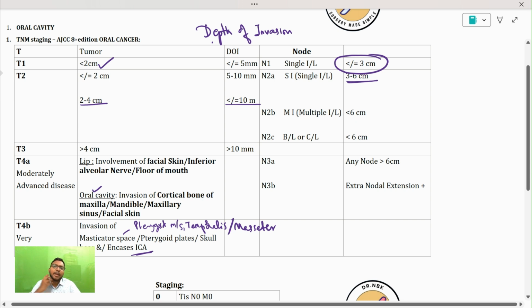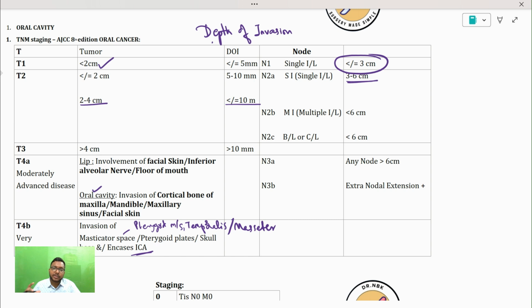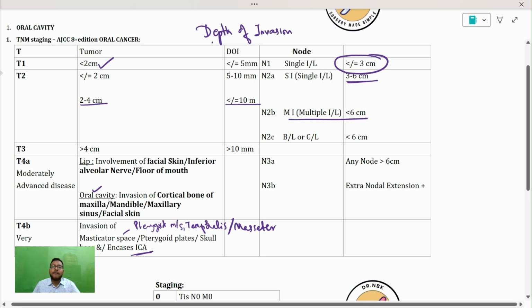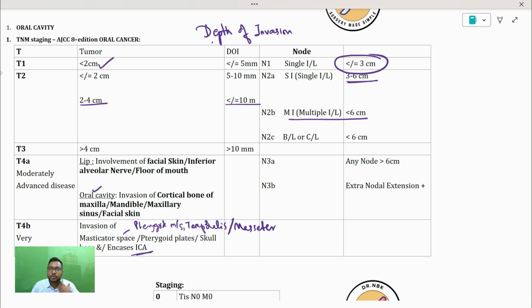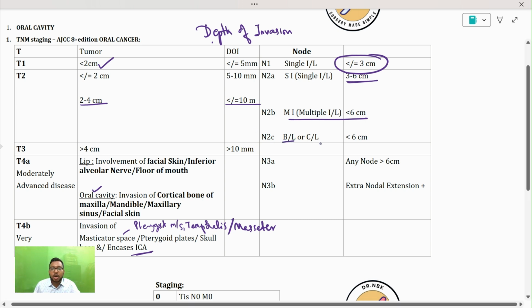When there are multiple ipsilateral nodes, but none of them beyond 6 centimeters, it will come under N2B. Okay, right. Then whenever you have bilateral or contralateral lymph nodes which are less than 6 centimeter, it will come under N2C.